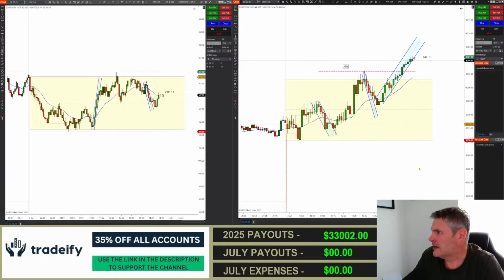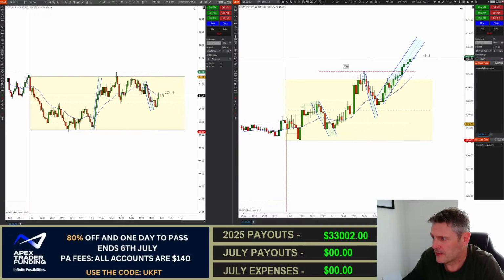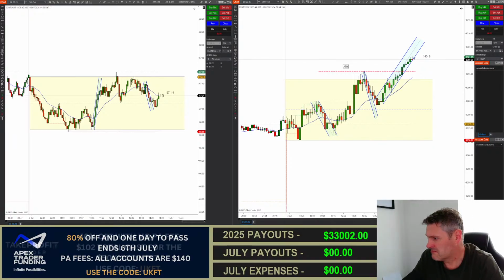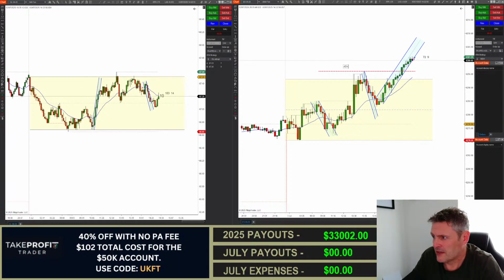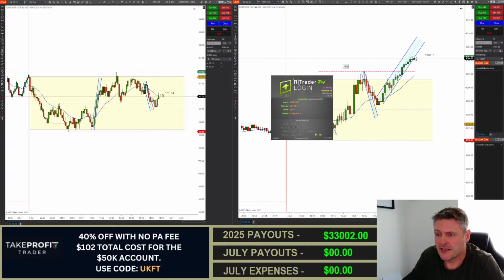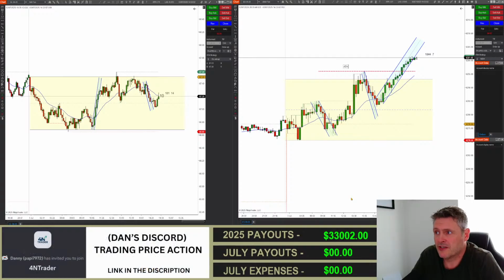So I've got a problem with Rhythmic. I can't open it for some reason. If I double click it, it just doesn't open. Let me try it again. If I bring it into here, you can see it. Watch, it just disappears.